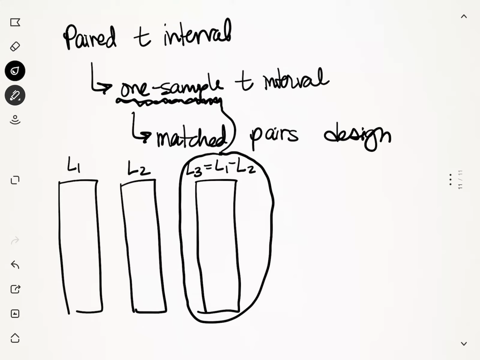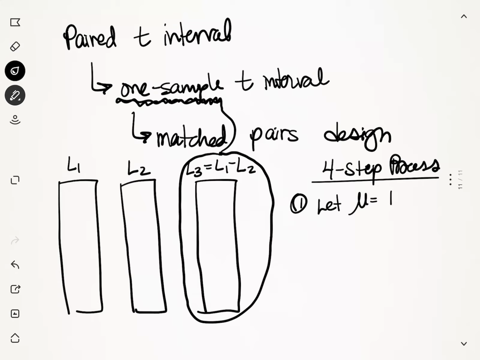Since we are subtracting, in our 4-step process, for step number 1, we want to say let mu equal the true mean difference of our parameter, okay? Because we're subtracting, we're not talking about the true mean, but the true mean difference. After we've subtracted all of the possible samples, this is what we would get on average.